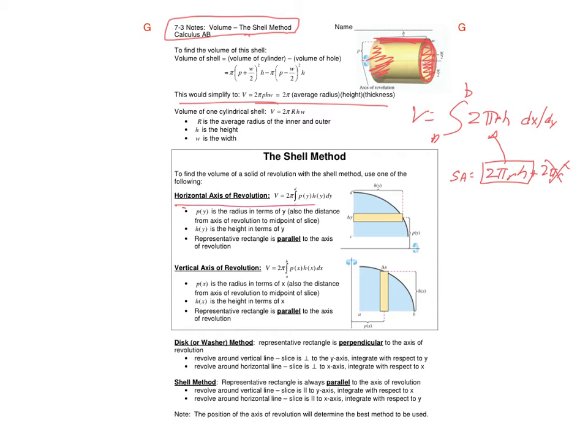So if we have a horizontal slice and we're going to revolve it around a horizontal axis, you're going to have your cylinder essentially on its side, which means you have a dy slice because it's going to hit the y-axis. You're cutting it in y slices. If you have your vertical slice as shown below, that would be a dx cut, and then we're going to be revolving that around some sort of vertical axis, not always the y-axis.